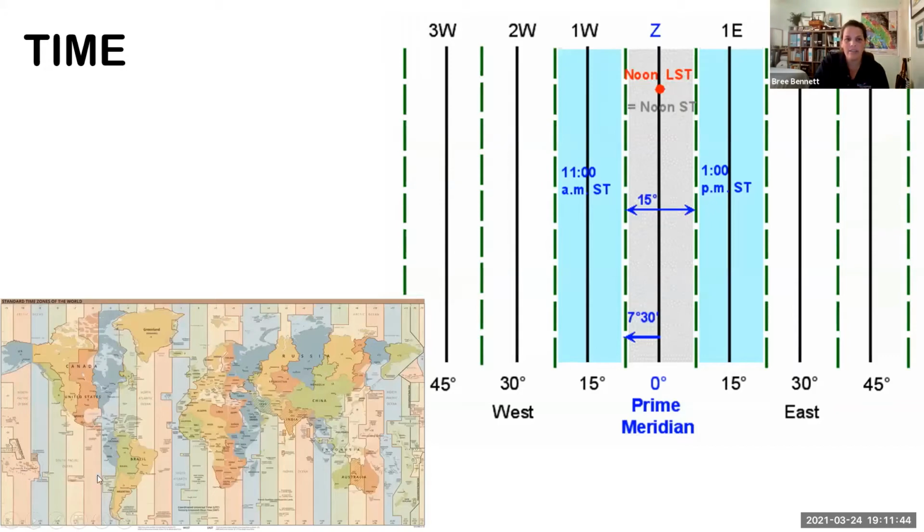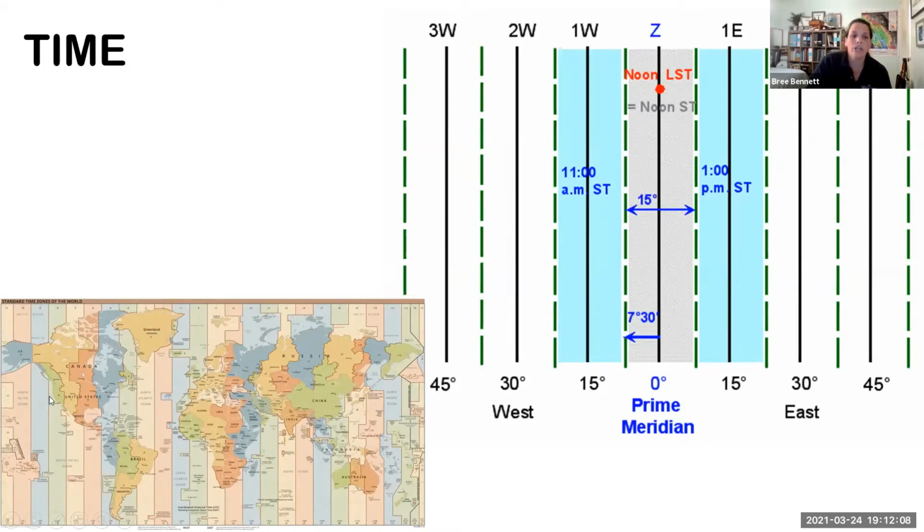We have all these zigzaggy lines. Our international date line is not exactly at 180, right? It's kind of this zigzaggy line through different countries, I want to say property lines, but whatever. You know what I'm talking about.